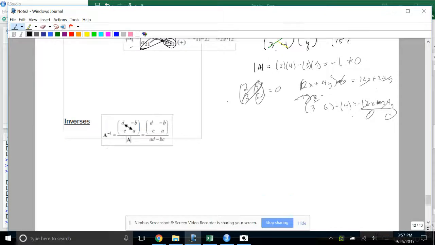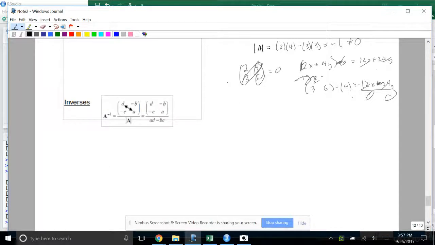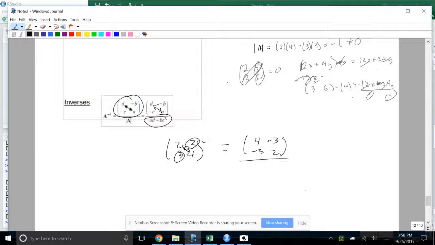All right, so we looked at determinants of 2 by 2s, and we can look at inverses of 2 by 2s. So 2, 3, 3, 4. The quick rule of thumb is that we swap the diagonals, change signs on the off diagonals, and divide through by the determinant. So if we take the inverse of this, we swap these two, 4 and 2, change the signs on those, negative 3 and negative 3, and divide through by the determinant.